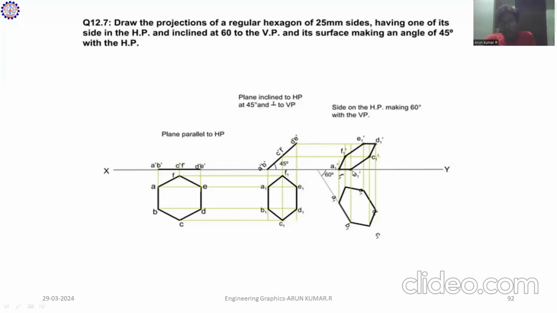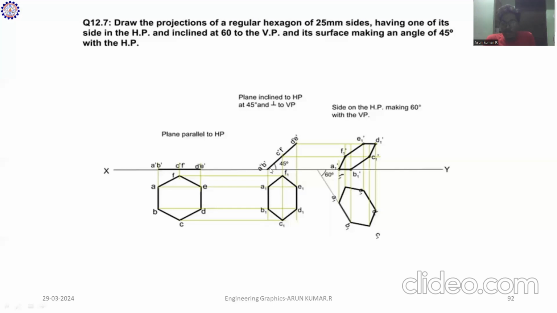First, draw the 60 degree line, draw A dash and B dash, and measure the distances of A1, B1, C1, D1, E1 and F1. After constructing this, draw the vertical lines upward and the horizontal lines from the other view. After constructing these lines, mark them as A1 dash, B1 dash, C1 dash, D1 dash, E1 dash, F1 dash.